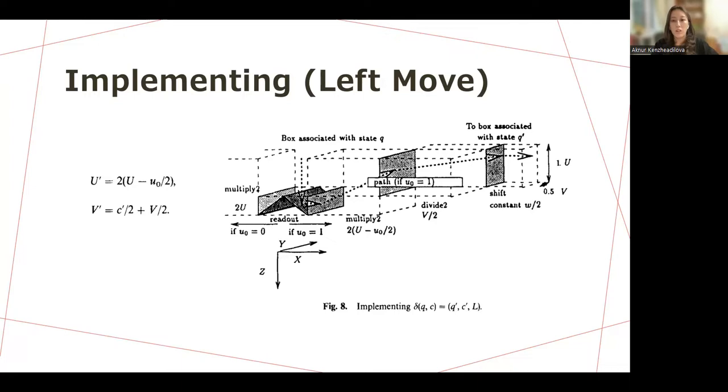So for each state, there is this separate complex box here, and the box in the middle is a readout box, and that reads the U initial one, and we call the unit square at the readout box the entrance window.